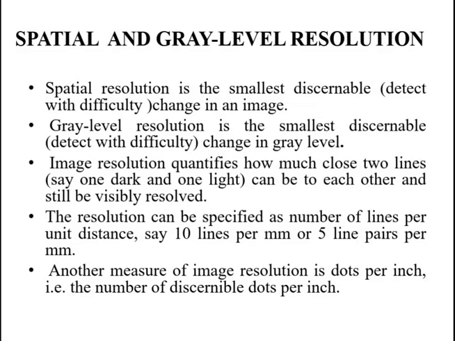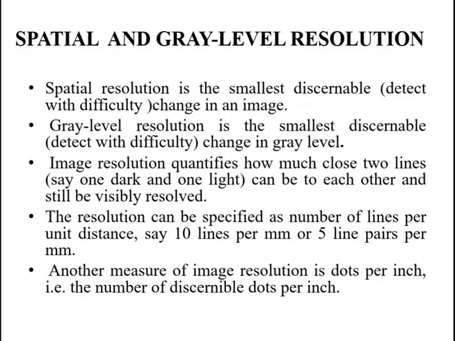Then the width of a line pair is 2w, and there are 1/2w line pairs per unit distance. For example, if the width of a line is 0.1 mm, there are 5 line pairs per unit distance in mm. A widely used definition of image resolution is the largest number of discernible line pairs per unit distance, for example 100 line pairs per mm.